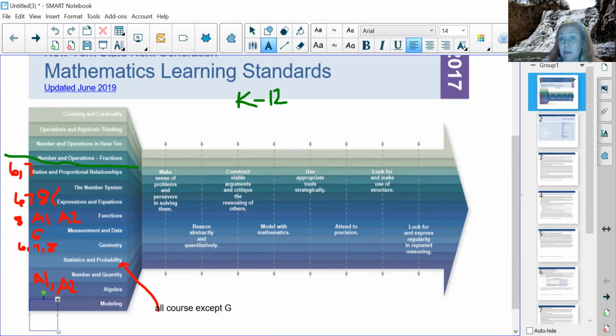So maybe you would like to print this first page and keep it in your notebook as a reference, okay? But don't print the whole thing. It's like 200 pages. So anyway, these categories on the left-hand side are called conceptual categories.